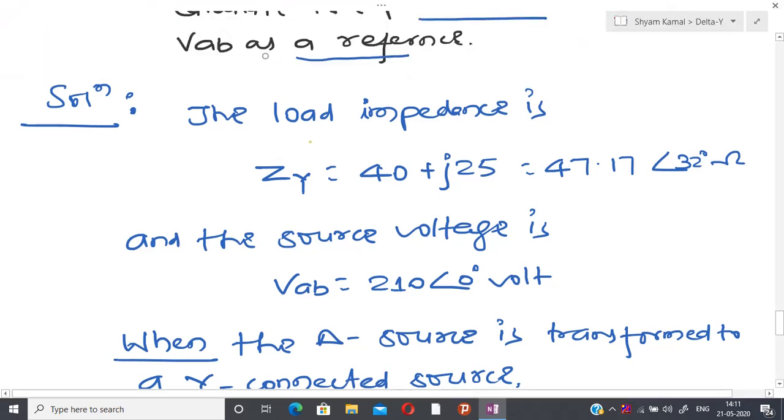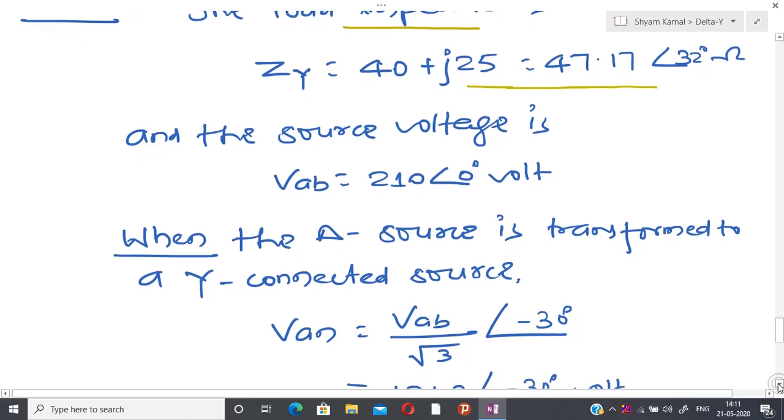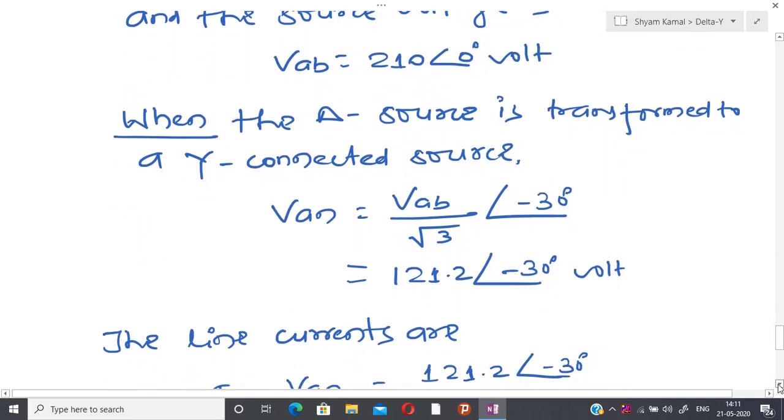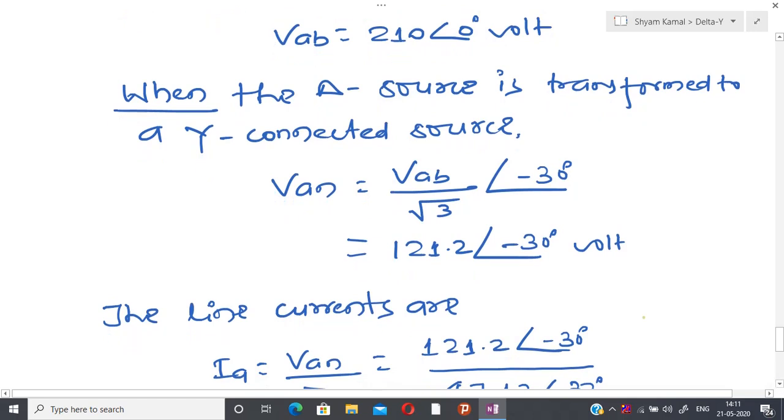The load impedance is given, so I have converted it again into phasor form, the same as in the previous example, whatever we have done in the previous lectures. And here I have VAB, and now I am going to convert the delta source into a Y connected source, because in this way we get one advantage, that a three phase circuit can be analyzed using just a single phase connection.